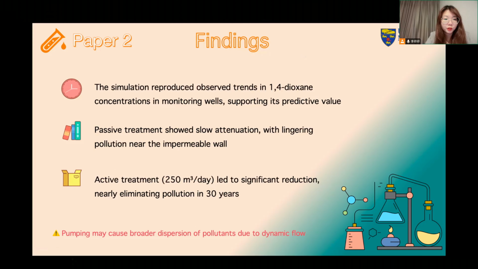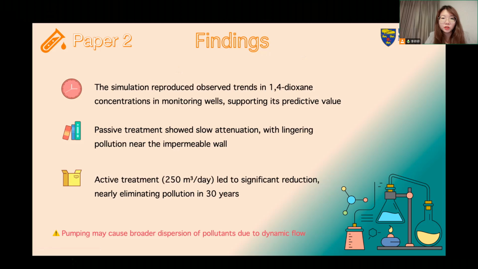That is evidence that this model is successful. This study demonstrates the power of predictive modeling in real-world environmental planning. In this study, the finding is that the simulation reproduced the observed trend in 1,4-dioxane concentrations in monitoring wells, supporting its predictive value.